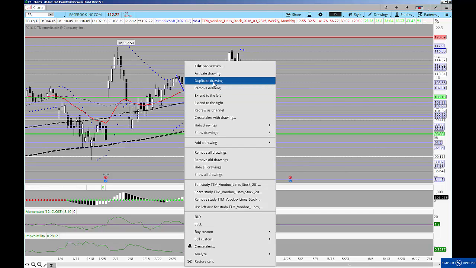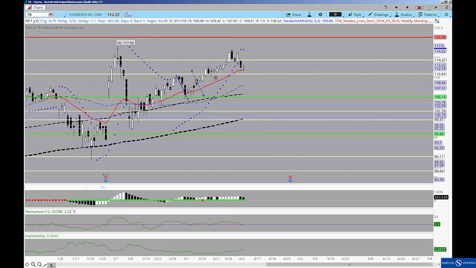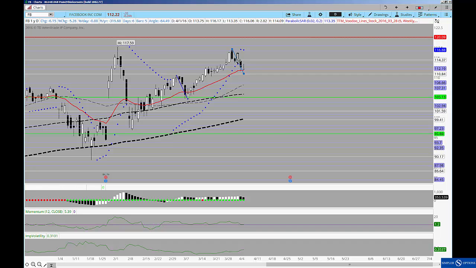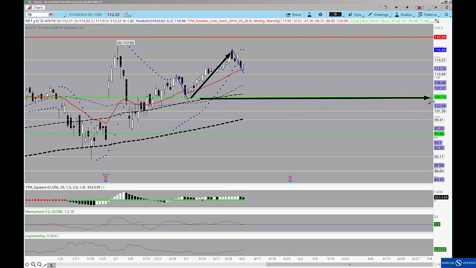Then duplicate this drawing, which will allow you to drag it back over, and if we place it at this swing high, notice the relationship to this decline as to what we've seen here. It's based off the idea of what happened after that decline? Well, you went on to tack on another solid $16 a share. Not quite that much, I was looking at the wrong price, but it was at least $10. It was a very healthy move.